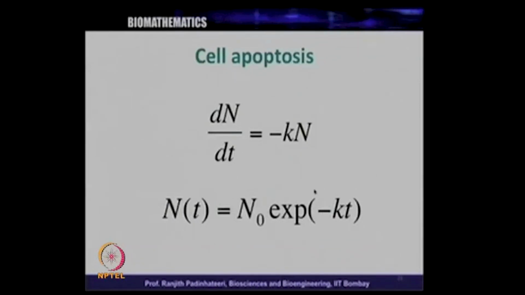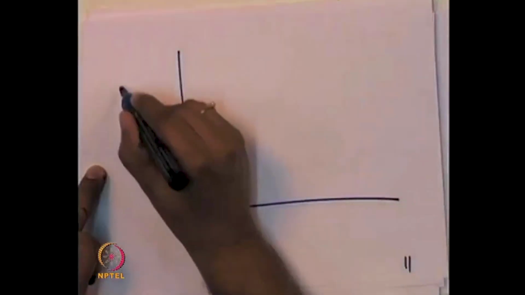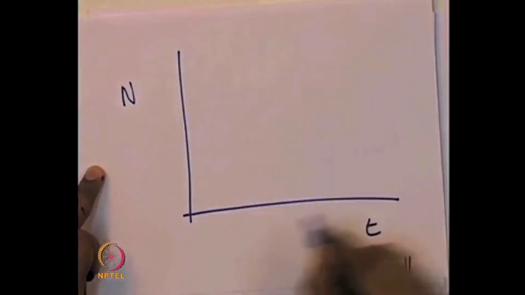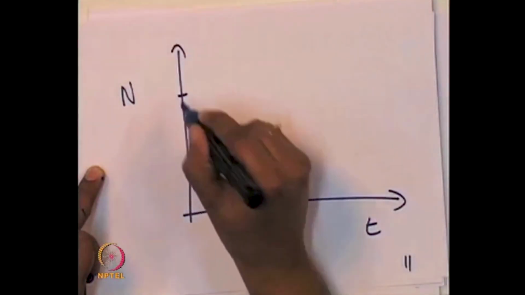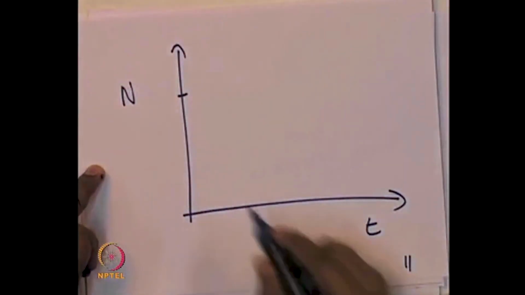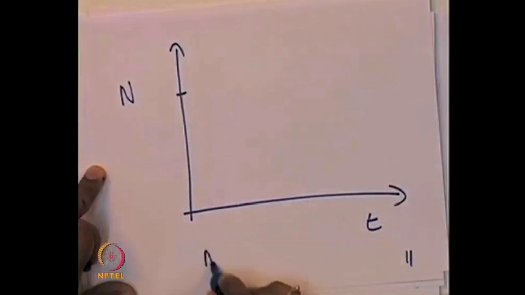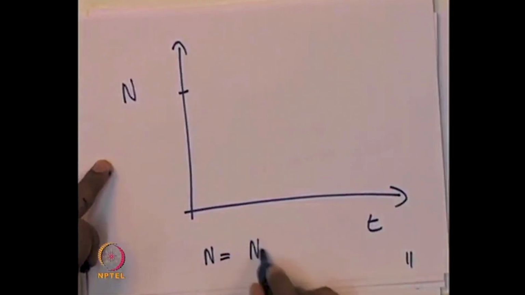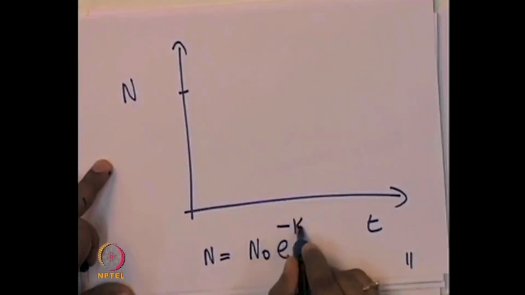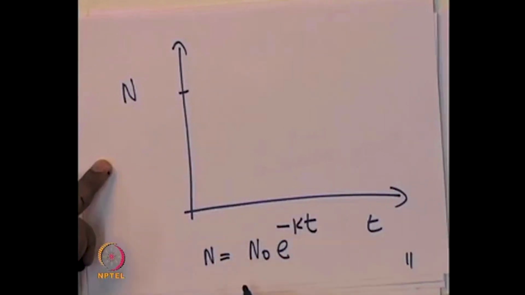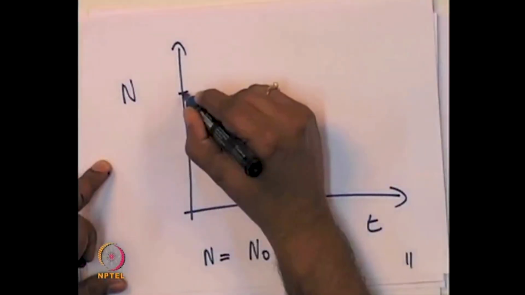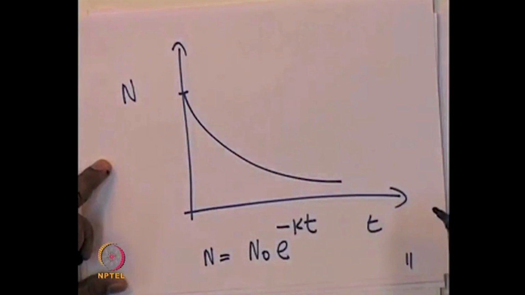So, now how do we draw this? Let us draw N0 e power minus kt. We have N and t, and at t equal to 0 we have N0, that is this. What we want to say is that N is equal to N0 e power minus kt, and that will look something like this.